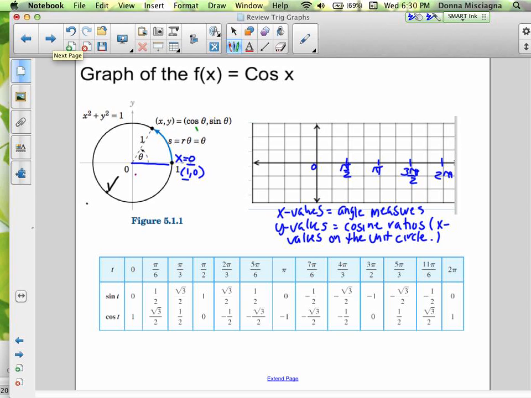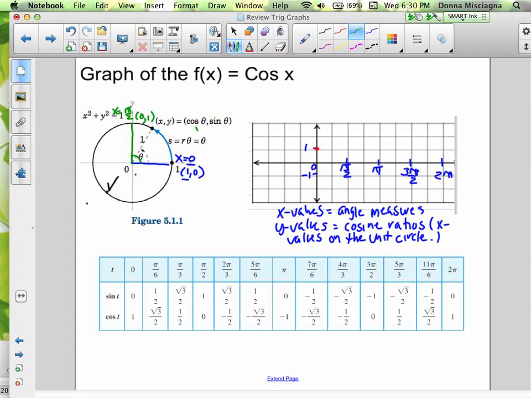And we should probably label the y's too. Right, so now if we go pi halves, that's the point 0, 1.